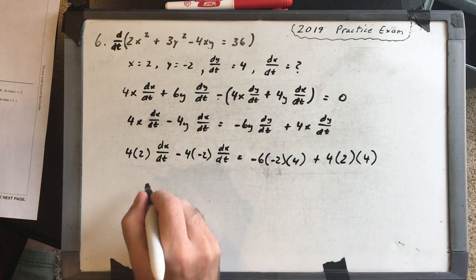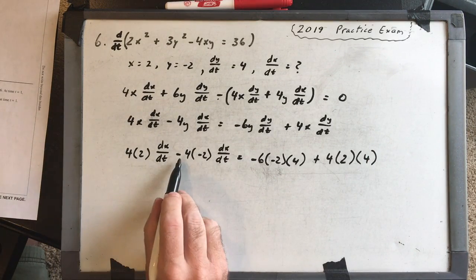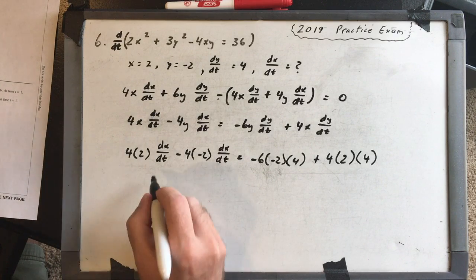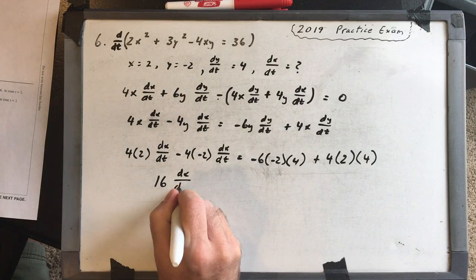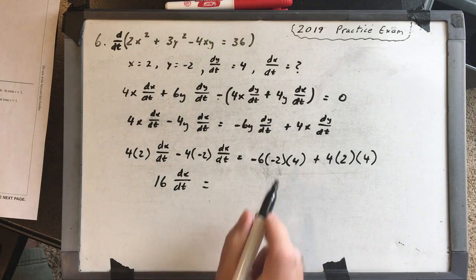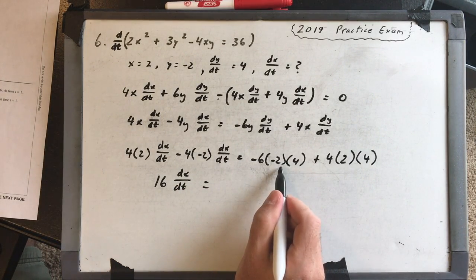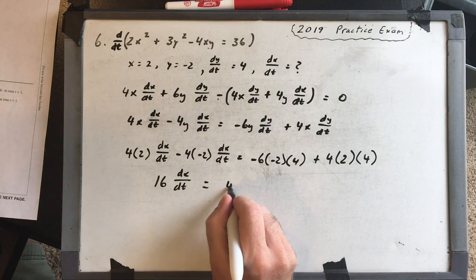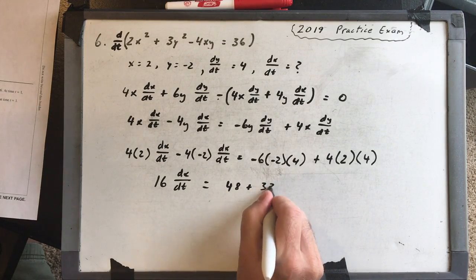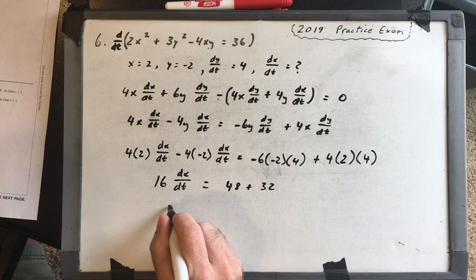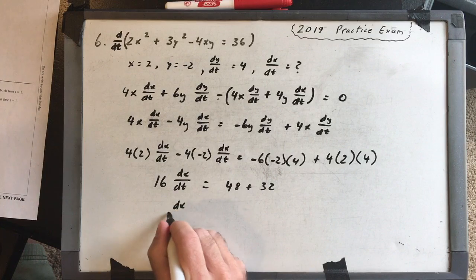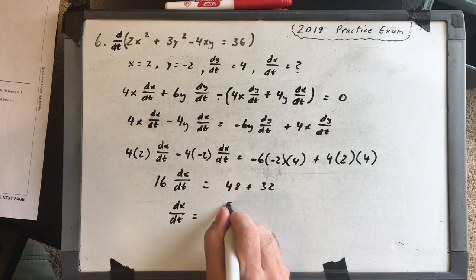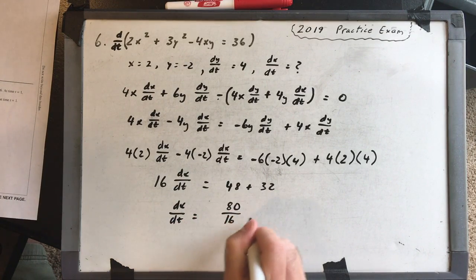Goodness. So that's going to be 8 minus negative 8. That's 8 plus 8, 16 dx dt is equal to negative 24 times negative 2 is 48 plus 32. All right, so that's 80, right? So dx dt is 80 over 16, which is 5.